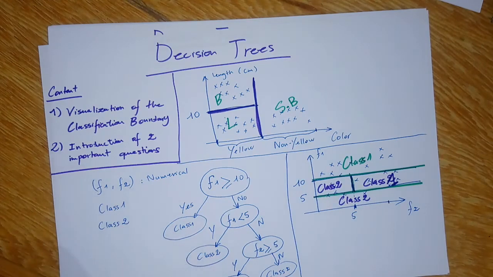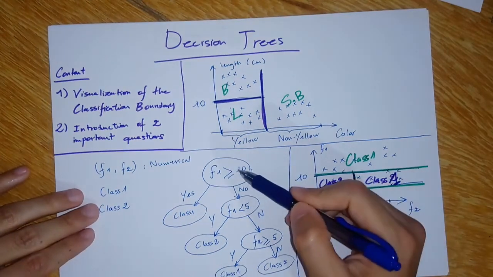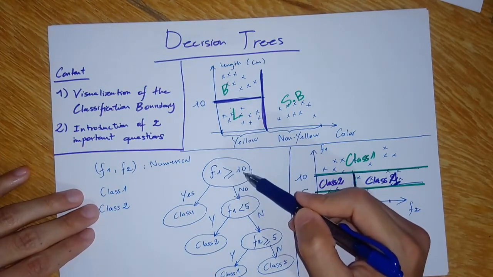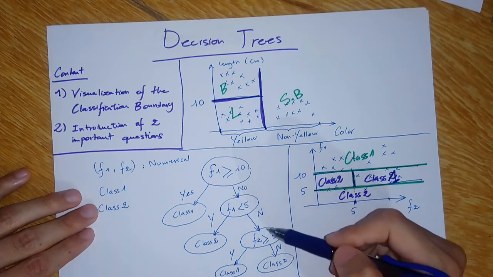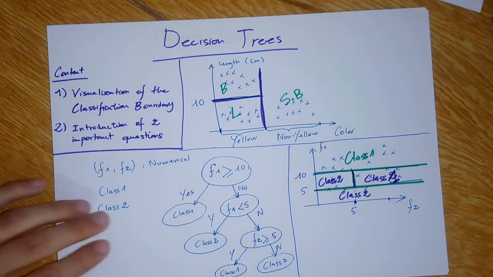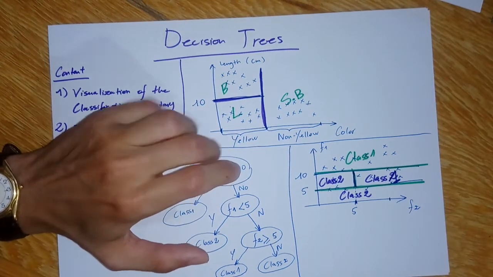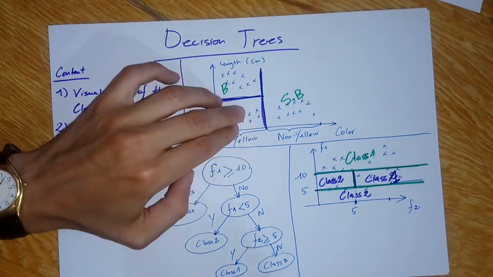Now I will talk about the two important questions that are necessary to form a decision tree. Here I asked a question about whether F1 is higher than 10, and then I asked whether F1 is smaller than 5, and so on. Why did I ask a question about this specific value?